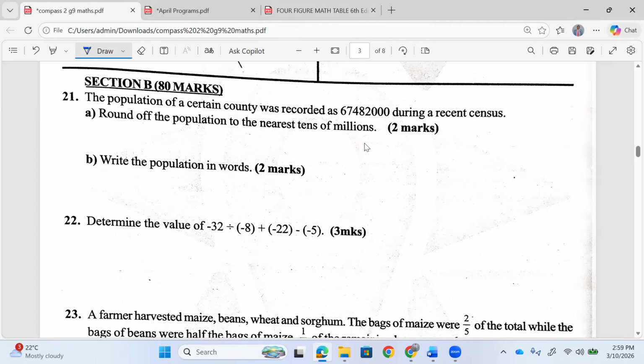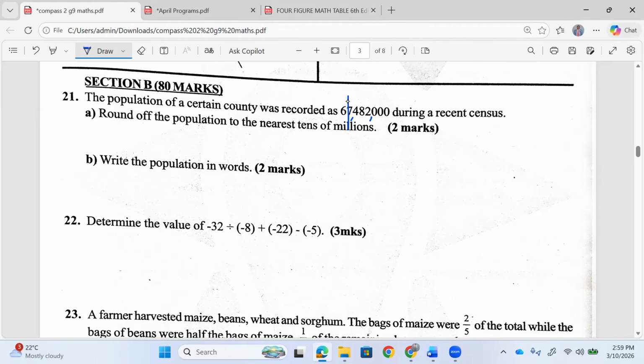So you are supposed to first identify the number that is in the position of tens of millions. So this is ones, tens, hundreds, thousands, tens of thousands, hundreds of thousands, millions. Then 6 is the digit in the position of tens of millions.